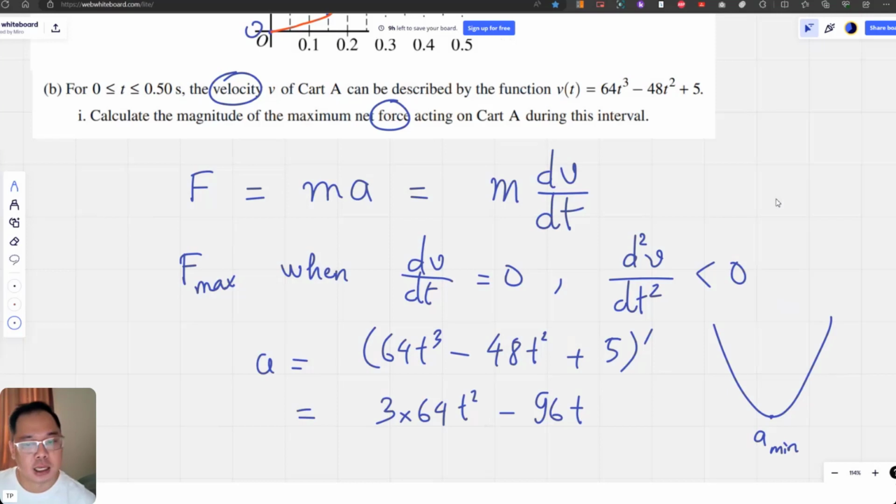We don't have the maximum, because this has a coefficient greater than 0. Yes, minimum. We don't have maximum force. This is minimum acceleration, so that is minimum force, not maximum force.